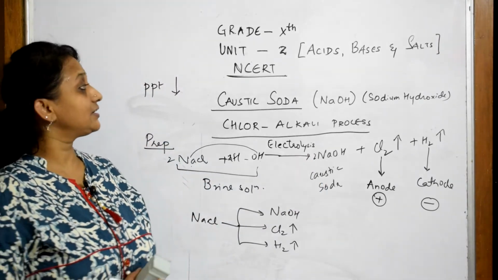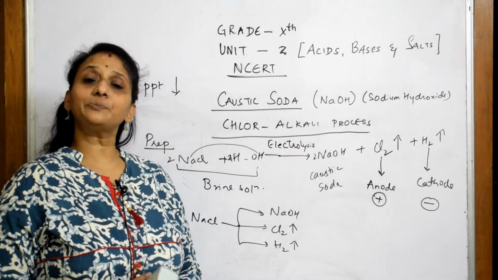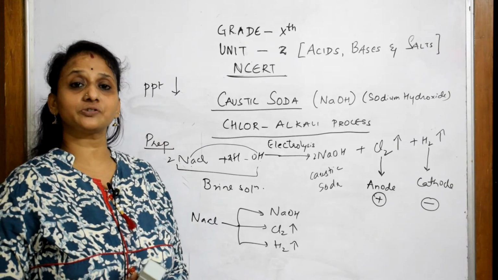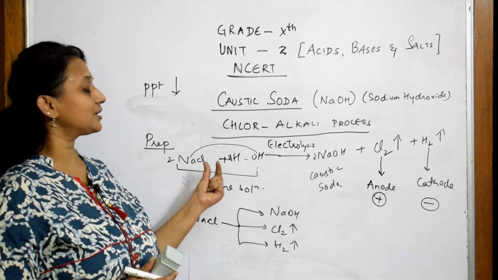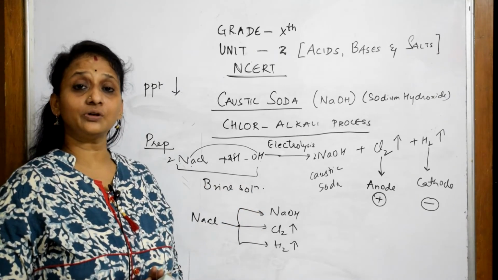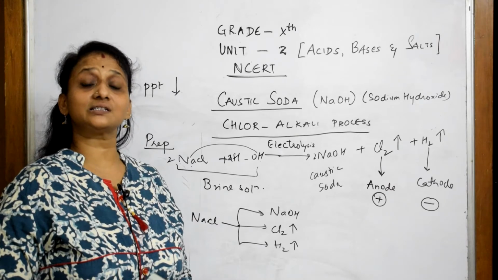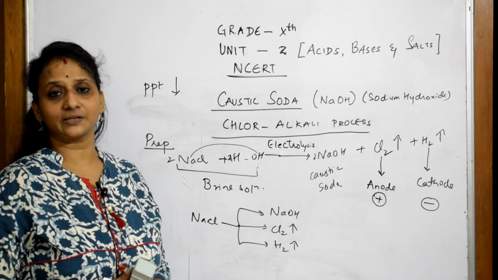So let us once again revise, students. Caustic soda, the formula is sodium hydroxide. We are going to prepare caustic soda in the lab by which process? Chlor-alkali process. What are the raw materials? Sodium chloride and water, that is nothing but brine solution. What are you going to do? You are going to perform an experiment, that is electrolysis, that is breaking using current, electricity.